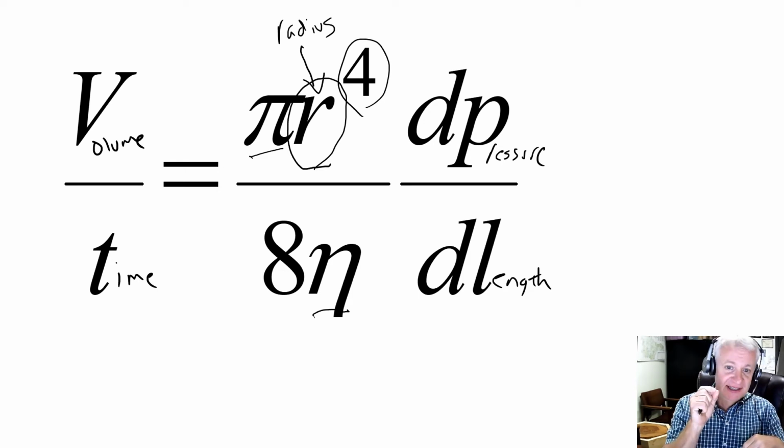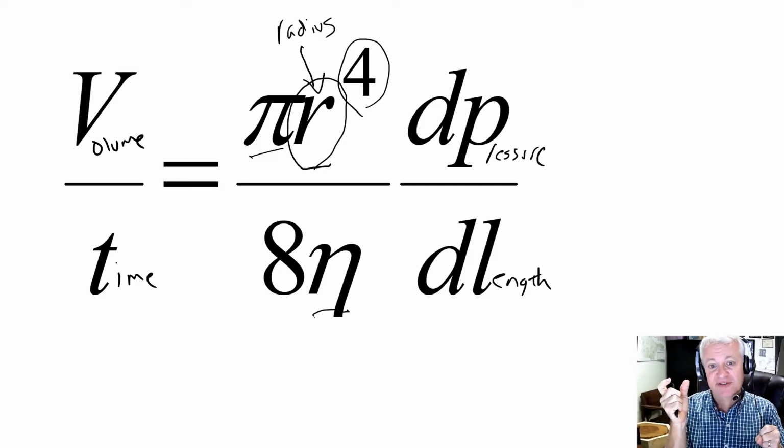Because a little increase in the radius of the pipe, its effect in terms of water transport is raised to the fourth power. So the radius of a pipe has a huge influence on its conductivity, its ability to transport water.